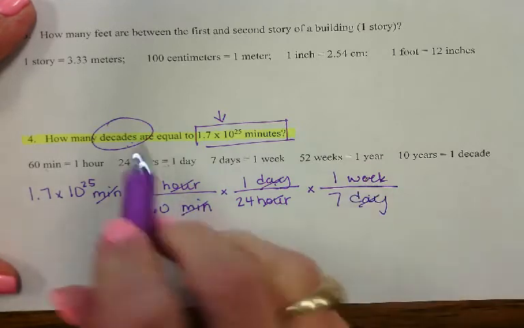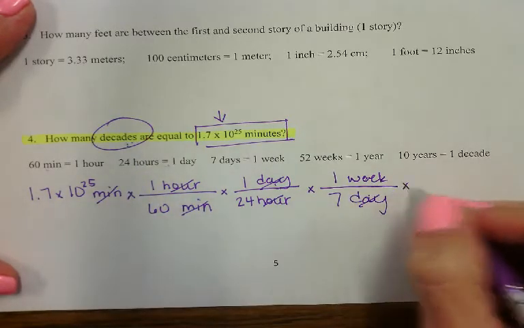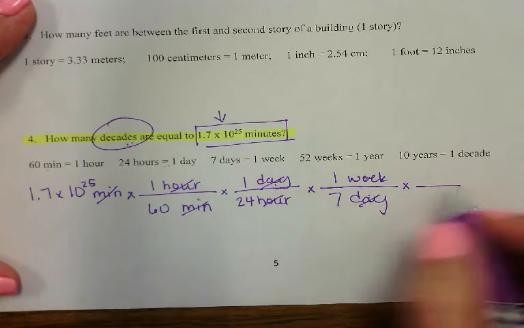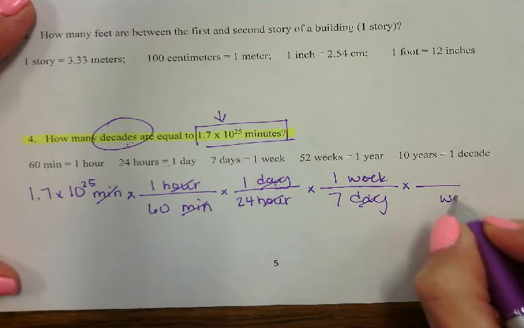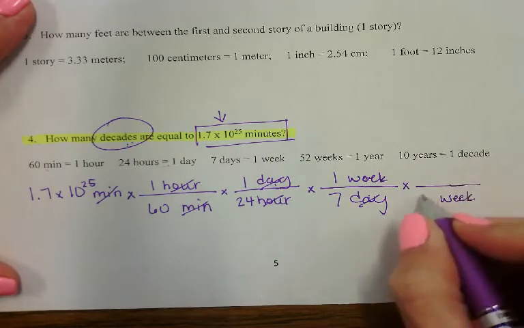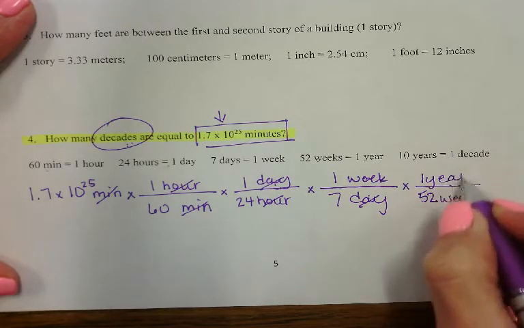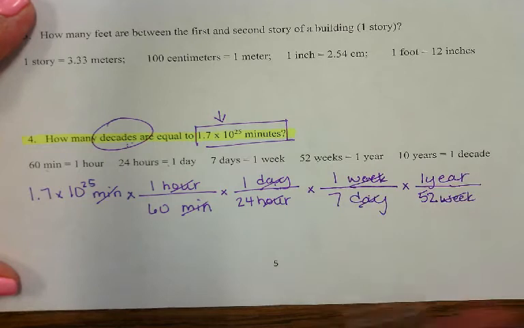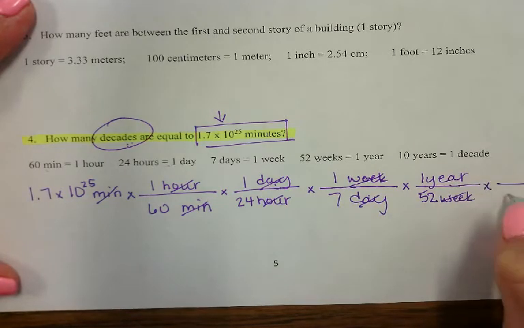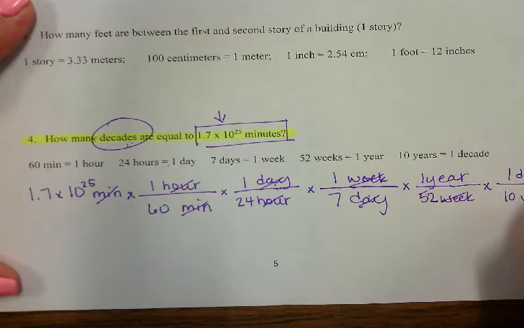Did I want weeks? Nope, wanted decades. Keep going. Use this one. Just go down the weeks. I'm running out of space. There's 52 of them in 1 year. Cancel the weeks. There are 10 years in 1 decade. Okay, years cancel. I have decade.